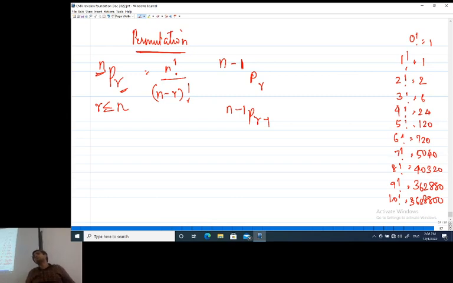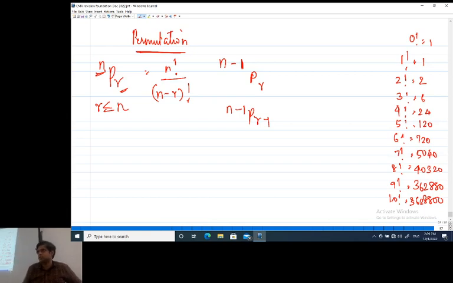Then how many places do I fill? Only 5, because that one is already filled up with that person who has applied. So in total candidates one is reduced, in required places one is reduced. You are able to understand? So if one is definitely getting filled up in that specific place, then it becomes n minus 1 P r minus 1. You are able to understand this?